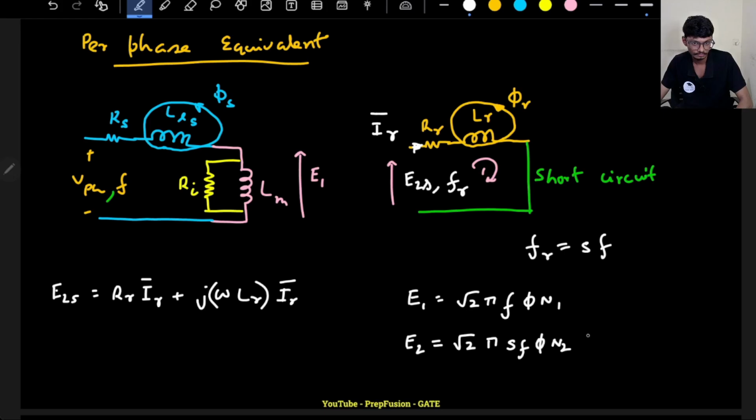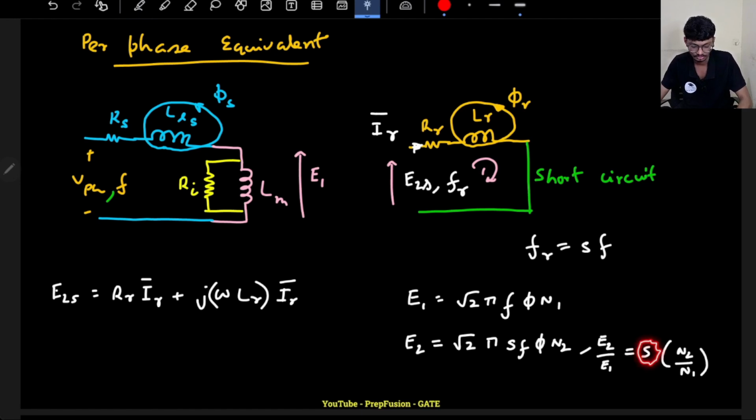Now what will I be able to write down? I will be able to write down E2 by E1. So E2 by E1 is basically S into N2 divided by N1. Previously in transformers this S term was not there, so I simply referred it to the primary.